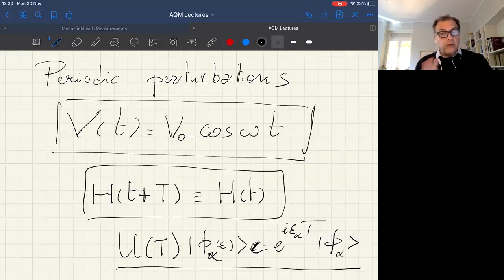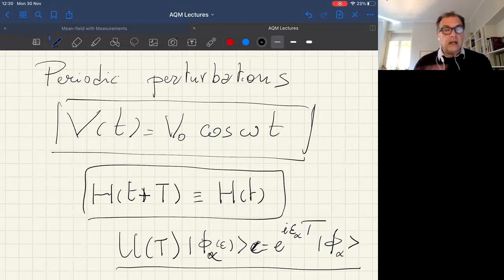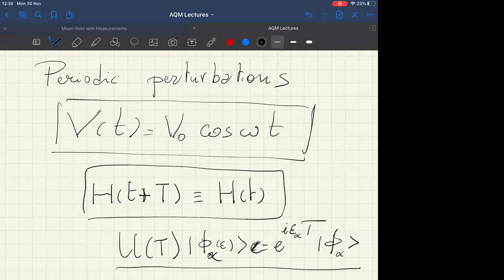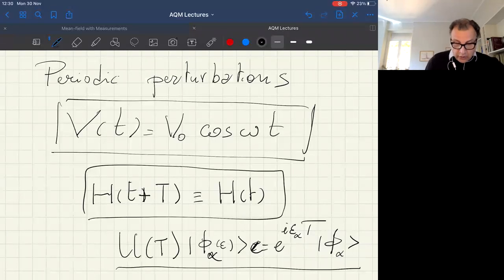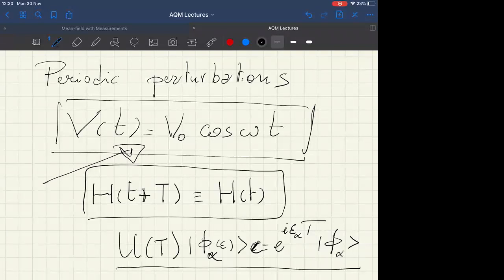So we are not doing Floquet. If you're interested in learning Floquet, we can discuss, and I can give you some reference, or we can do it together. But what we are going to do is much simpler: just consider this as a perturbation and see how it induces transitions.